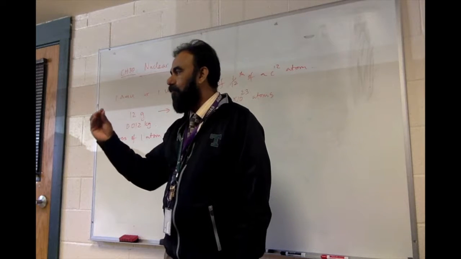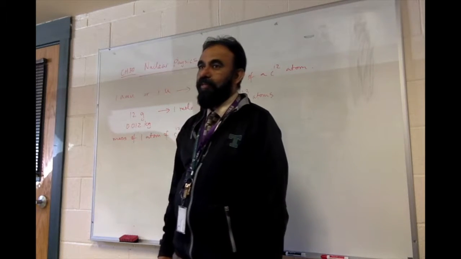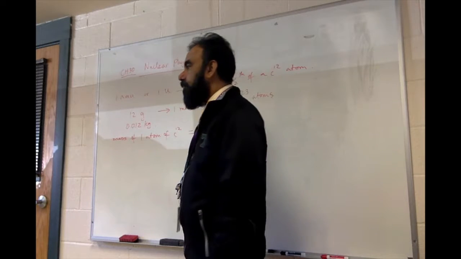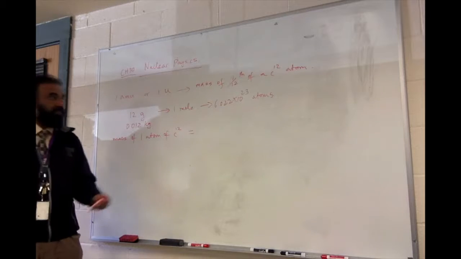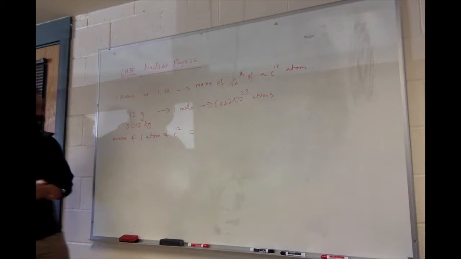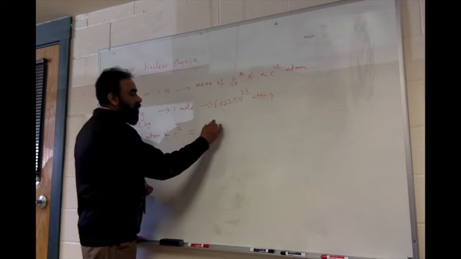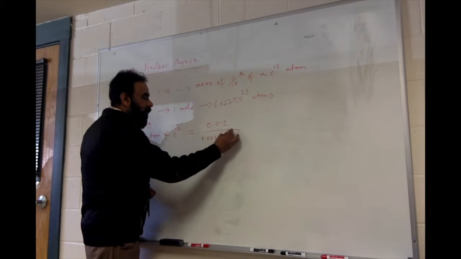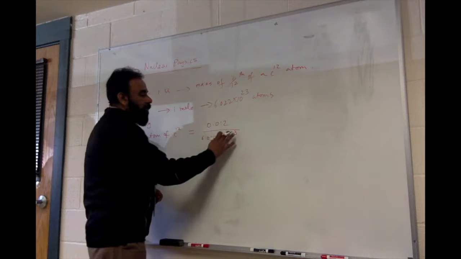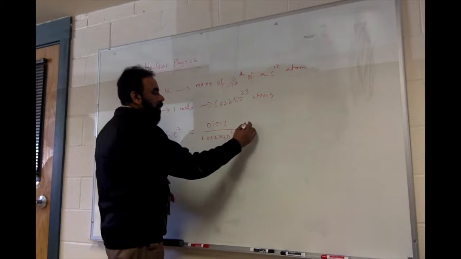Right? A little more than 4 moles. That's all you can have for uranium. But for carbon it's different. So the mass of one atom is 0.012 divided by 6.022 times 10 to the power of 23 kilograms.